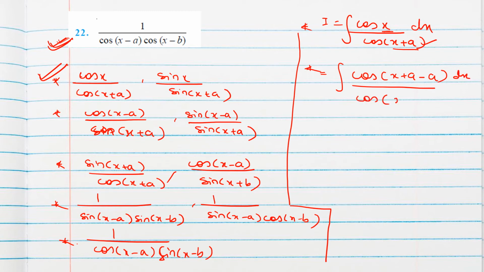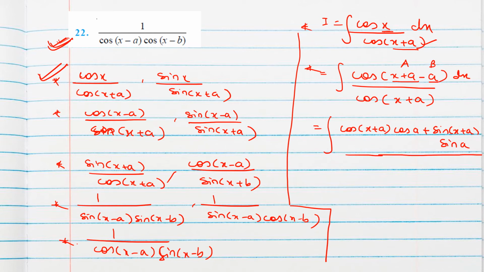So cos of x plus a will be same. Now here you consider this as capital A, this as capital B. Means cos of A minus B, the compound angle formula for cos, we can apply here. So cos of (x plus a) into cos of a, plus sine of (x plus a) into sine of a, divided by cos of (x plus a).